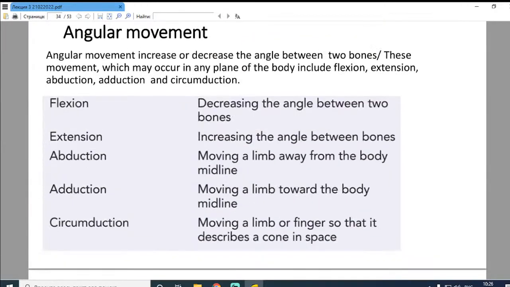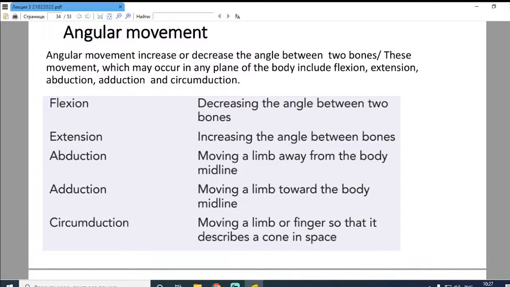Angular movement. Angular movement increases or decreases the angle between two bones. This movement, which may occur in any plane of the body, includes flexion, extension, abduction, adduction and circumduction. Flexion decreases the angle between two bones.